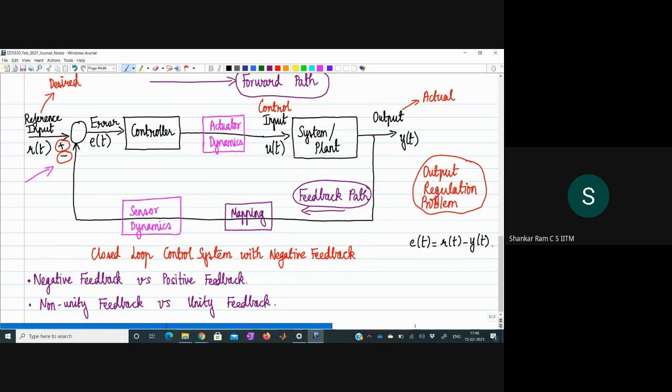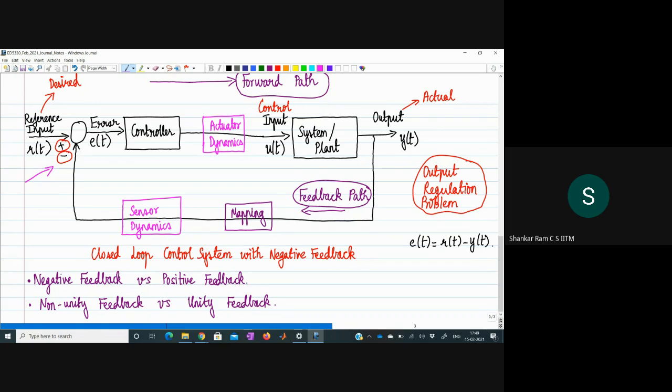So this would dictate whether we need to consider sensor dynamics and actuator dynamics in our control design process. One can observe that we are keeping on adding elements to the feedback diagram, the closed loop control system diagram that we have drawn. To begin with, we had a system or a plant whose output we wanted to control. So we had a feedback process, and we compared the reference input and the actual output.